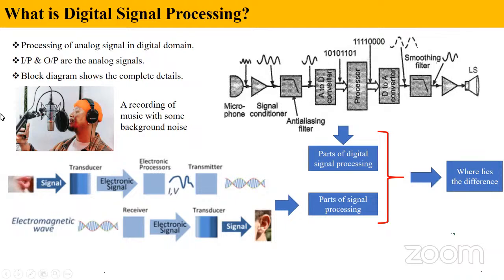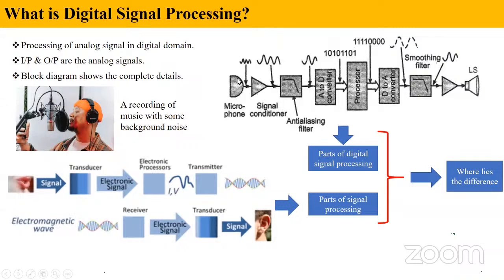Here I have written these bullet points. The first is the processing of analog signals in the digital domain. That is the first thing in case of digital signal processing. Also, input and output of the analog signals will be there, because here you can see the microphone and the signal conditioner.